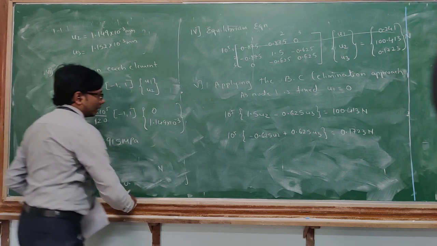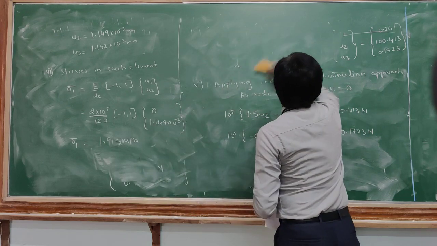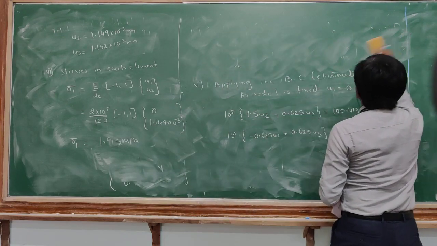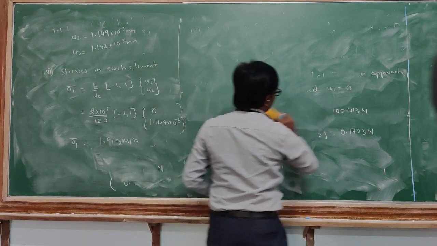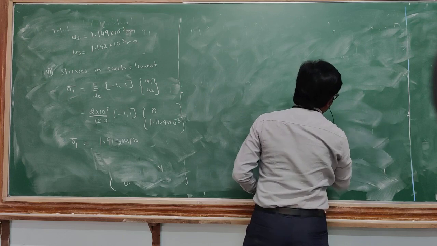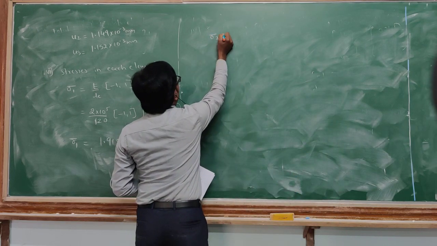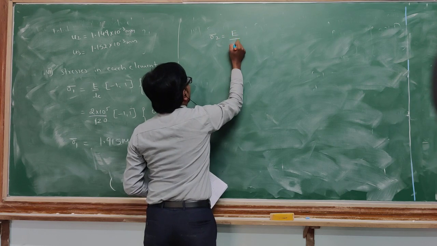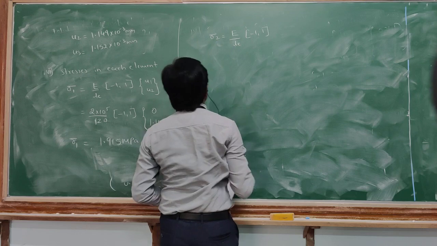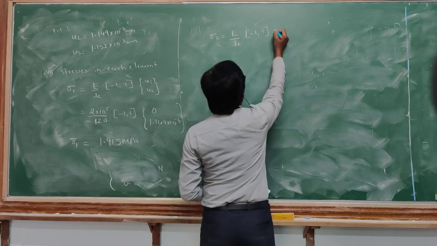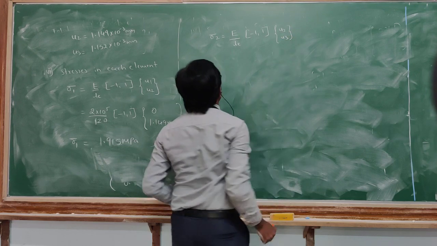So we will do the second element. That will be sigma 2, that is E by LE into minus 1, 1. The nodes related to the second element are u2 and u3, so we write it like this.